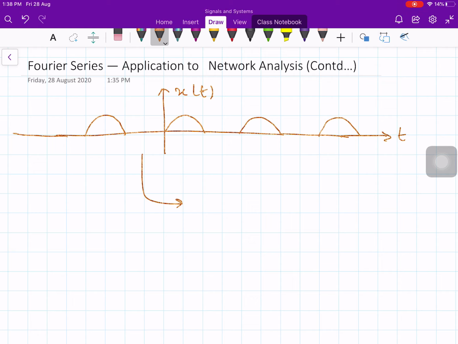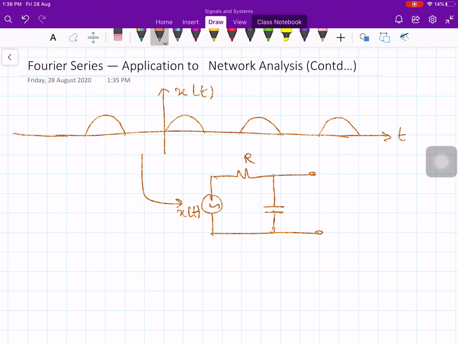This is x of t, and this x of t is given as an input to the circuit, where you have resistor R in parallel with the capacitor C, and we just take the output across the capacitor. And the voltage across the capacitor is taken to be the output voltage.